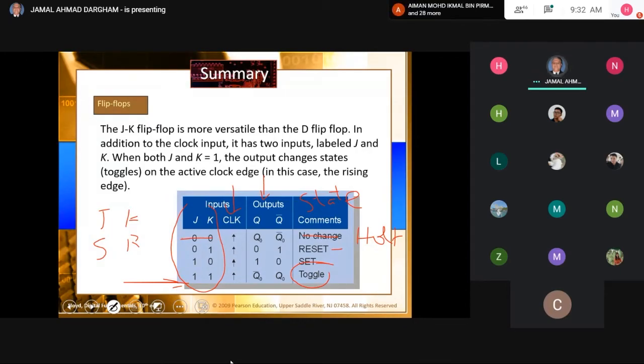You can see Q becomes Q bar, and the Q bar becomes Q. So toggle means it becomes like an inverter. If it was 0, it becomes 1. If it was 1, it becomes 0. That's the only difference between SR and JK.